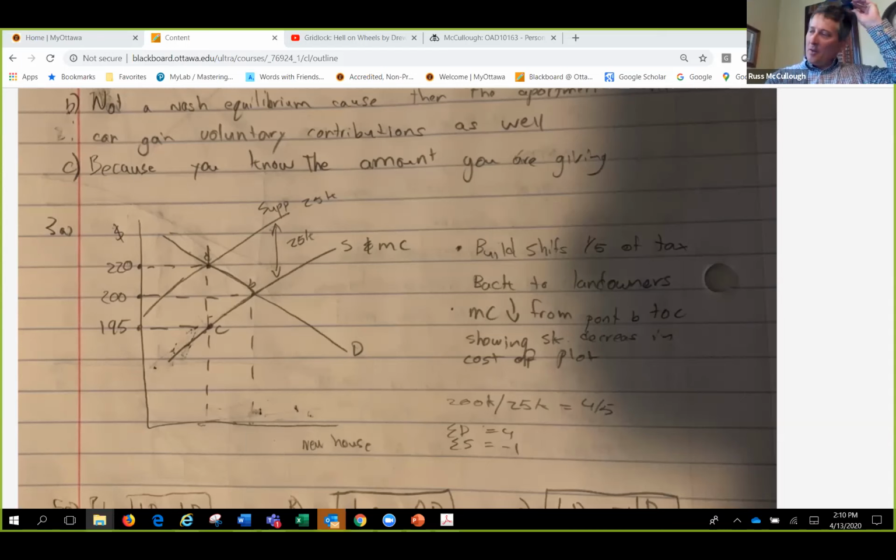So what page did you say it was on in the text? 252. So yeah, that's a known formula from different classes, and I couldn't remember if they actually had that formula shown in here or talked about the incidence of a tax.